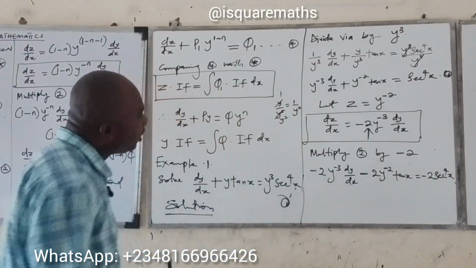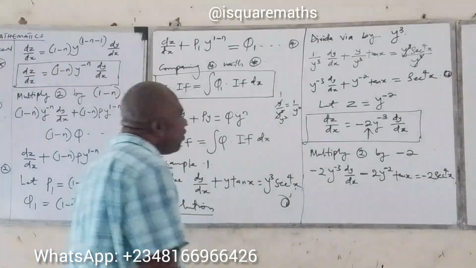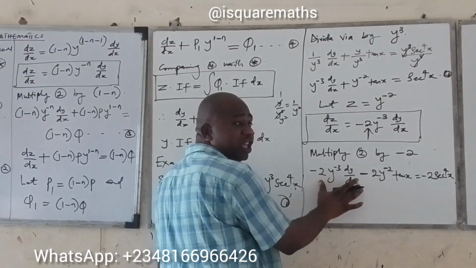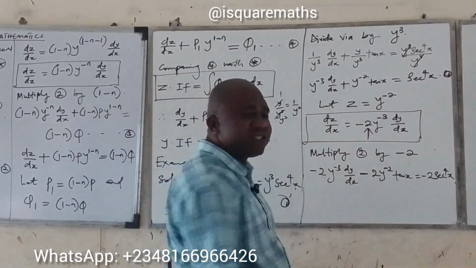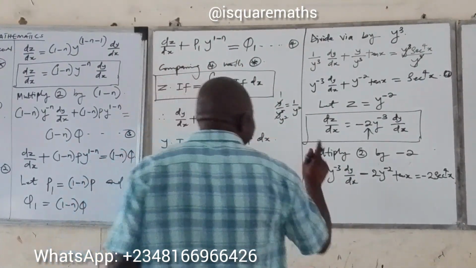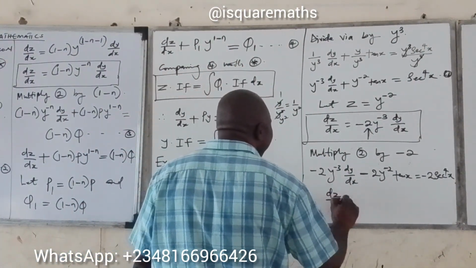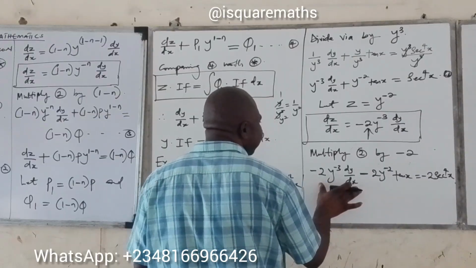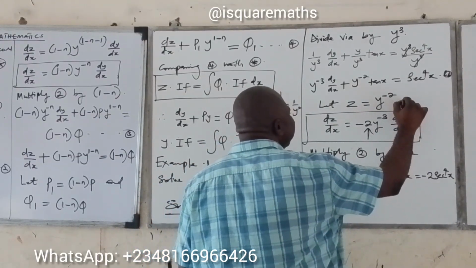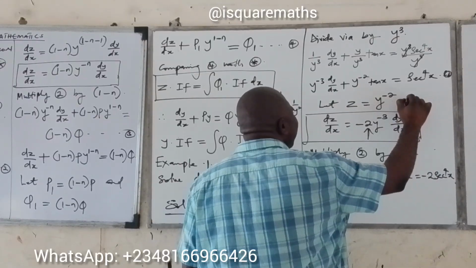Now looking at this very closely, you'll discover that this particular function here is the same thing as dz/dx. So it therefore implies that here we have dz/dx for this. Minus. Now remember we said, take note of this.